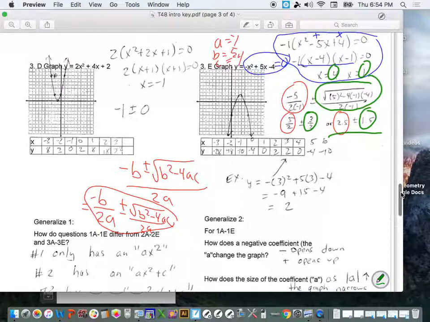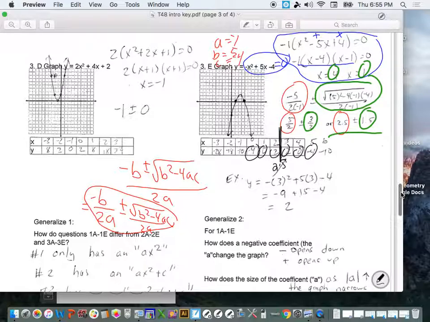But if we look at the graph and the table, we can see there's symmetry around here. So the 2's match up, the 0's match up, negative 4, and the next one here would be negative 4. And the average of those is 2.5. That's your axis of symmetry. If you look at these 2 points, these are the 2 answers, 1 and 4.